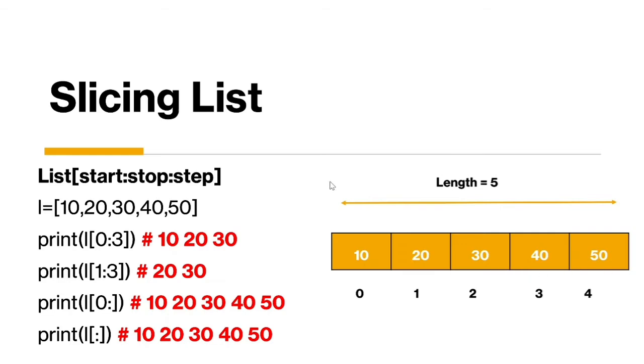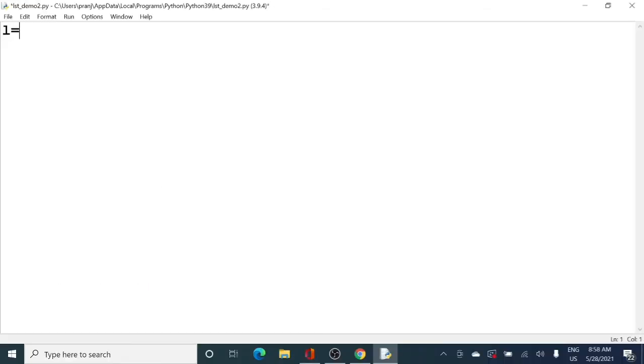So let us see this on our Python file. Let me take the list as 10, 20, 30, 40 and 50. I want to print elements from the first index to the third index, so 0 colon 3.